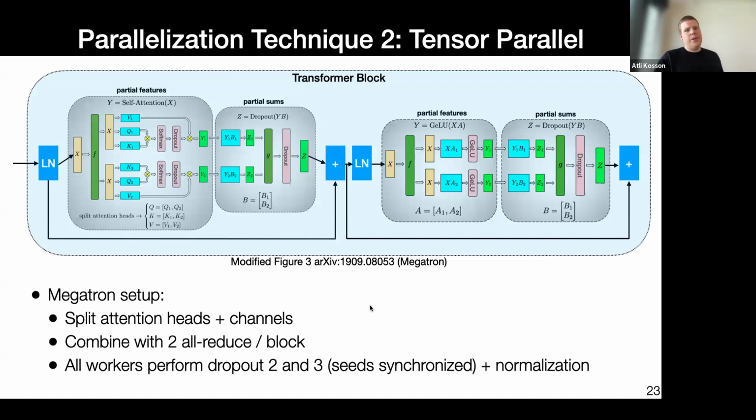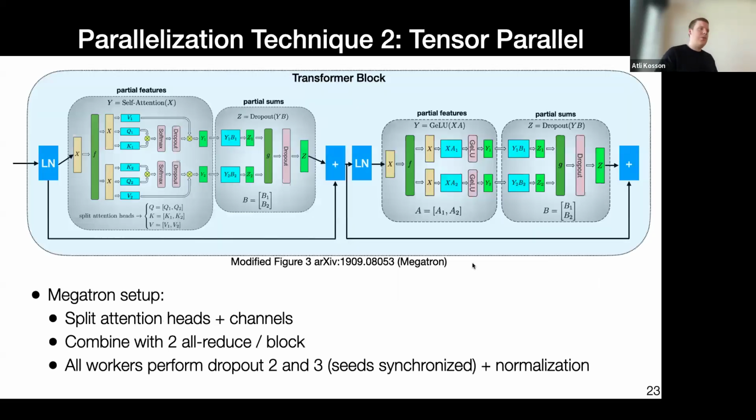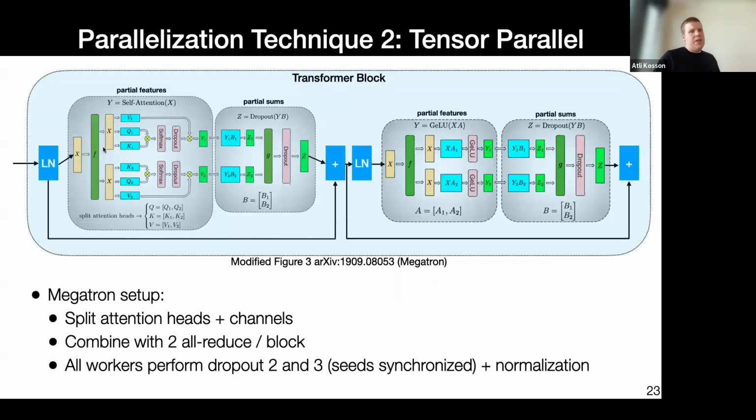Okay, so in practice, this kind of tensor parallelism can be a little complicated. In Megatron, they actually mix these 2 modes that we saw here to reduce the total computation overhead. They start with the first mode, the partial sums, and then they follow it up by the partial features on different chunks of the compute. So here, for the attention layer, they will split the heads between different GPUs.